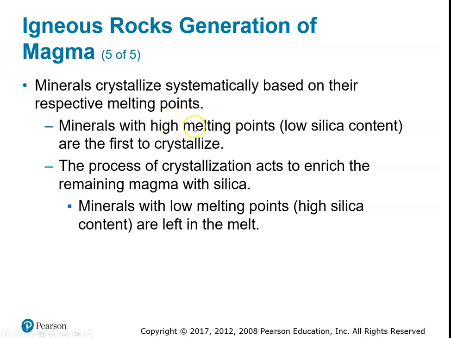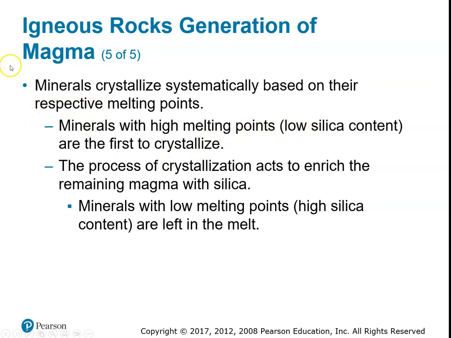Then things with very high melting points, you'll drop below their melting point. This is not a really good example of a scale, but let's say way down here is the scale of things that are just pure silica, like quartz, and way up here, things like corundum, the rocks that are very low in silica.